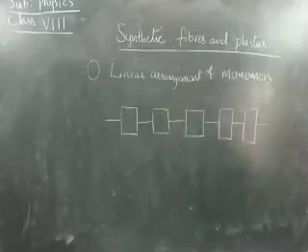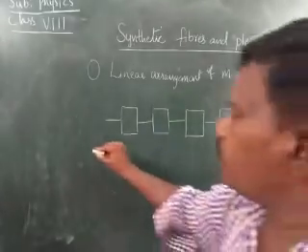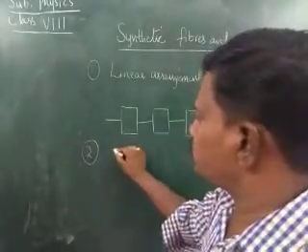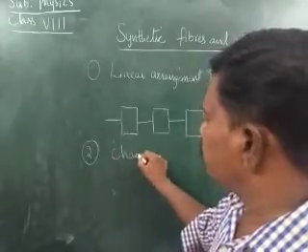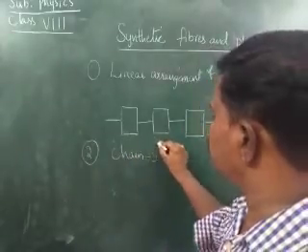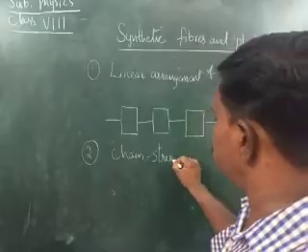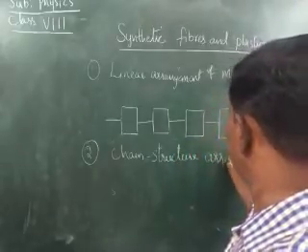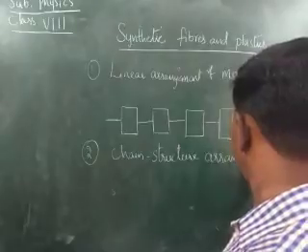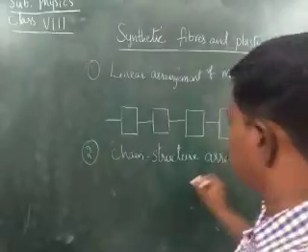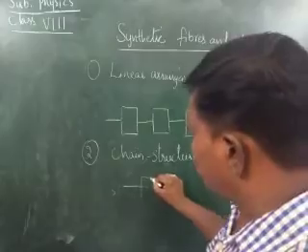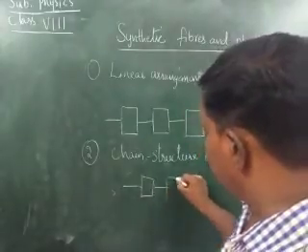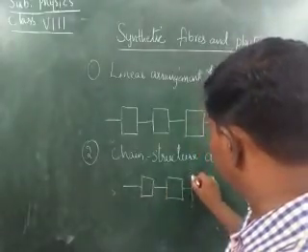The second one is that they can be arranged in a chain structure. What is the chain structure arrangement? Normally it will be like this. The monomers are arranged like this.